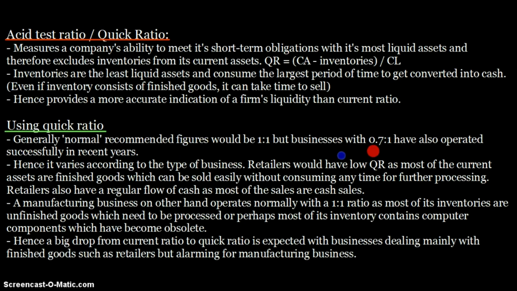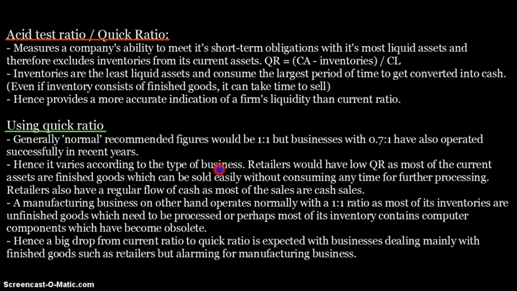But if it's a business that does not have the ability to convert its inventory into cash rapidly, like a manufacturing business, because you have to purchase those inventories, then some processing takes place, then you sell, and after selling there are credit sales. So it takes time for the money to come back into the business, which we have talked about in the working capital cycle.